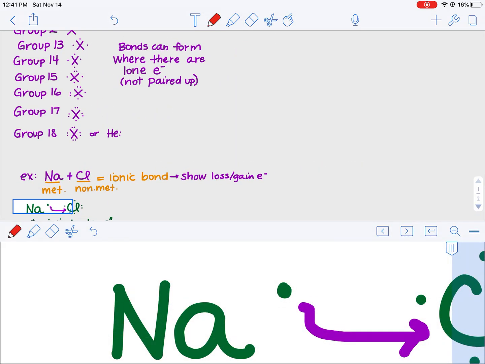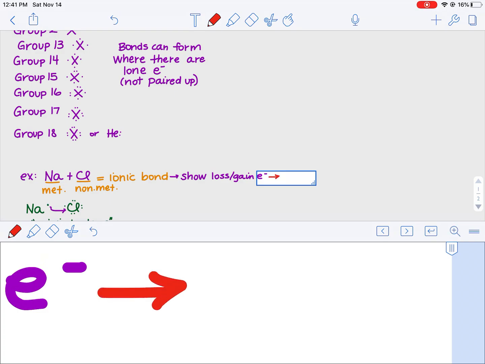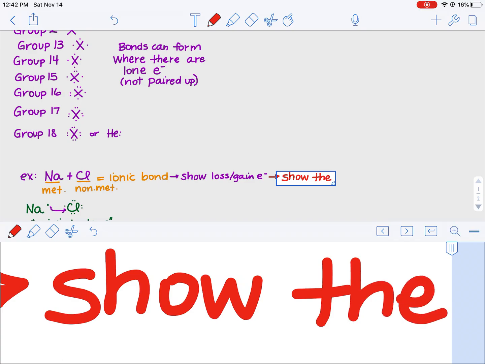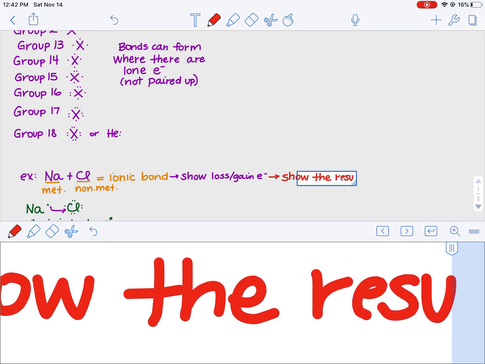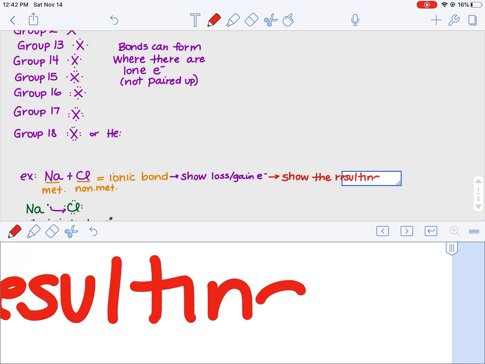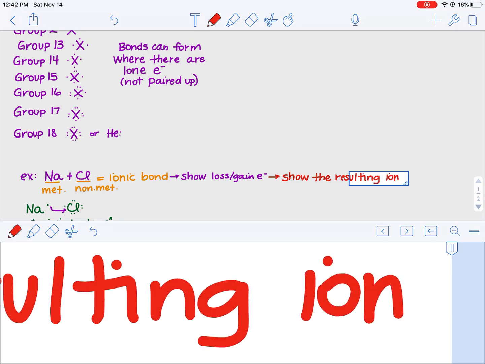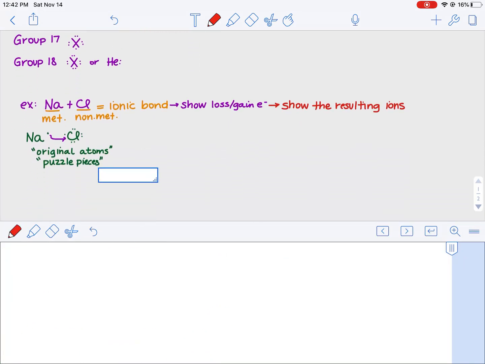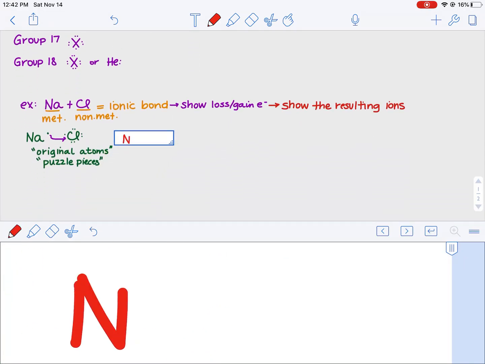Now, what we wind up having are ions. And therefore, I need to show the resulting ions. In other words, now that the sodium atom has lost its electron, it has no more valence electrons in the third energy level. Therefore, I will not draw any dots around its symbol.